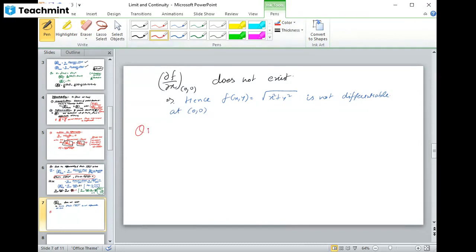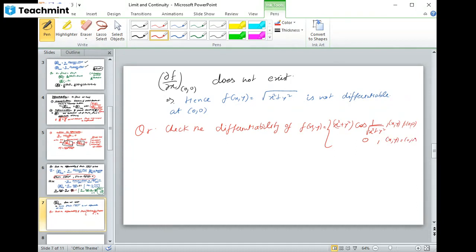Now let us consider another one. This time we want to check the differentiability of the function f(x, y), which is defined as (x square plus y square) into cos of 1 upon square root of x square plus y square when (x, y) is not equal to (0, 0), and its value is 0 when (x, y) is equal to (0, 0).